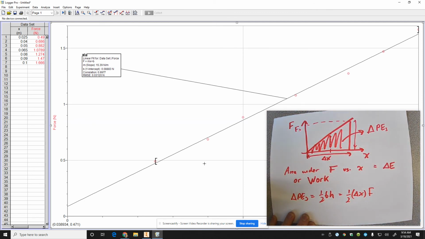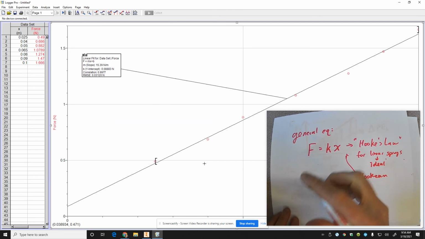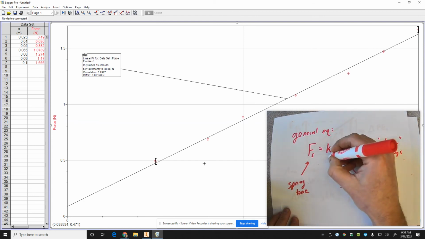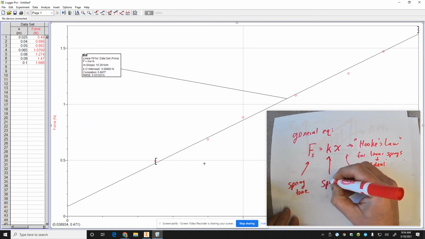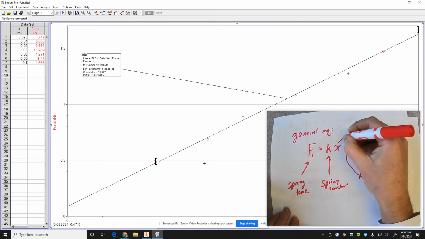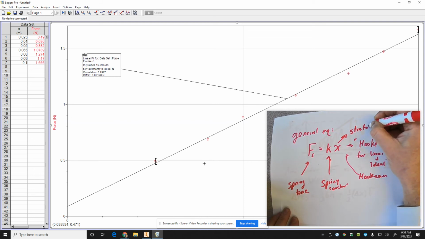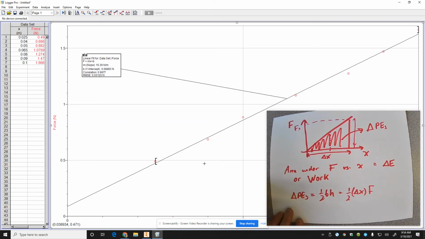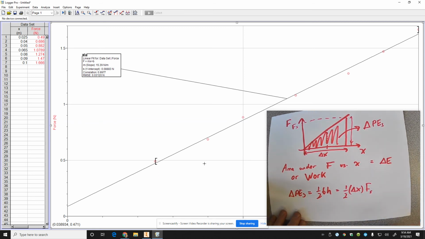Oh, I should have called that back here in the general equation. I should have called that spring force. That's our spring constant. And that's our stretch length. All right? Anyway, force of the spring. Force required to hold it in place.